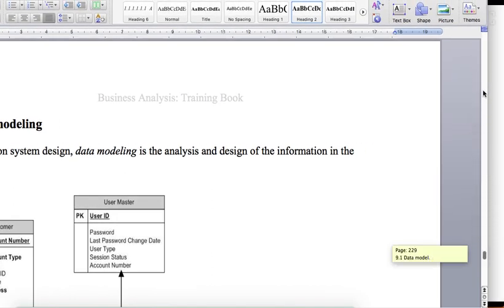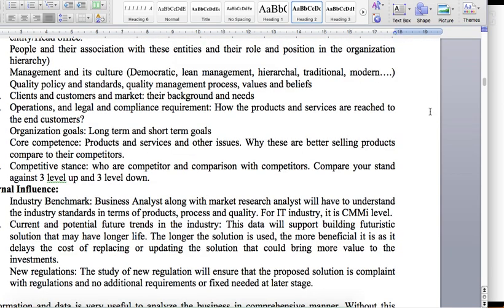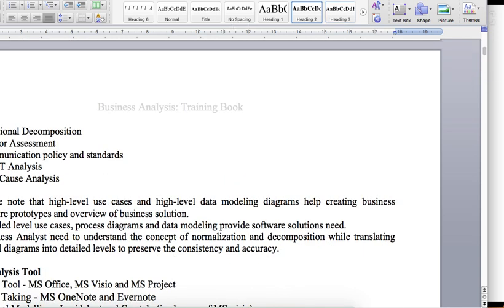And these are the two things we require to define the solution scope at a very high level at the initial stage. If you are reading the requirement engineering book, it is also mentioned there.